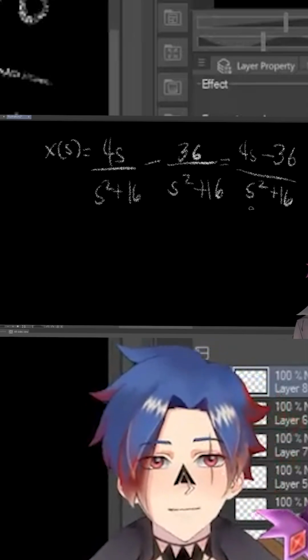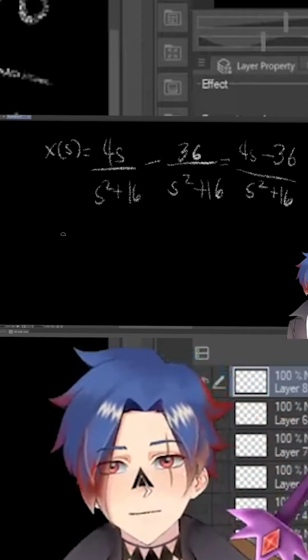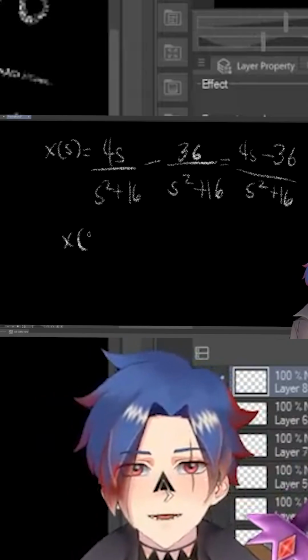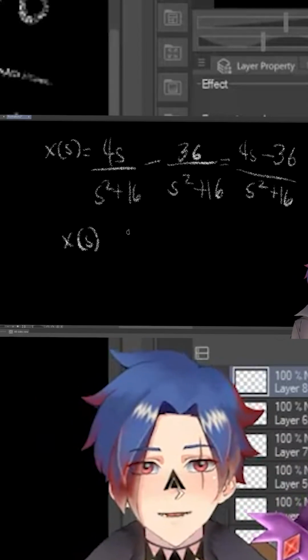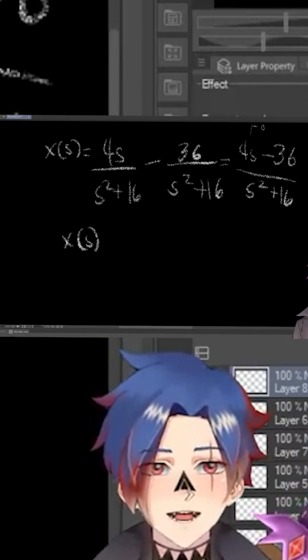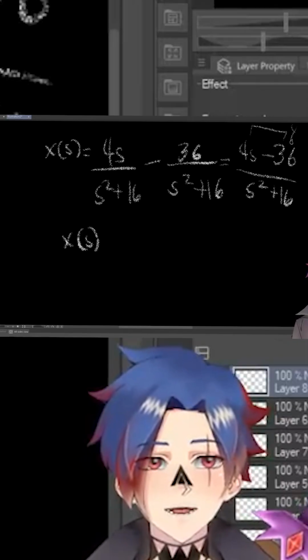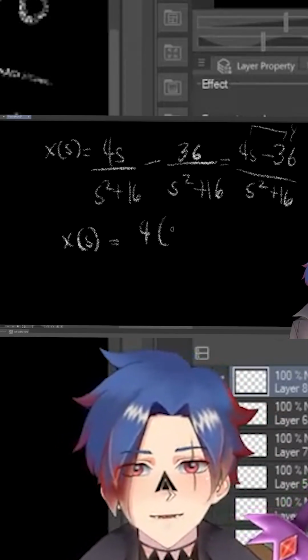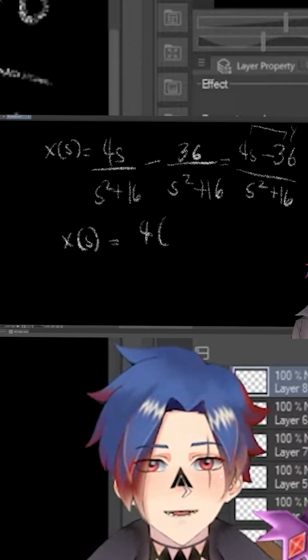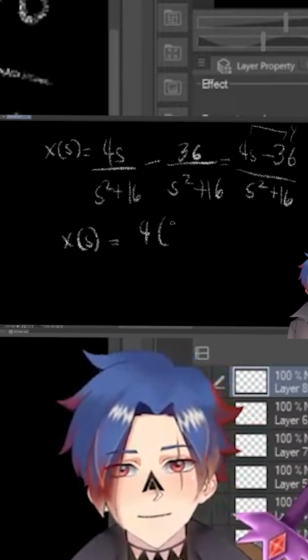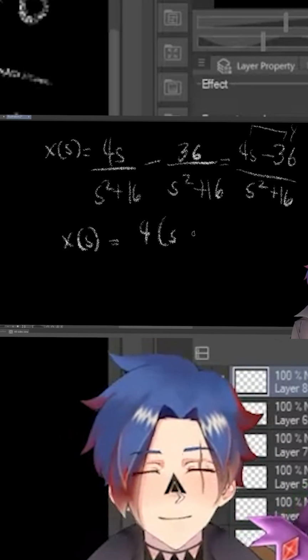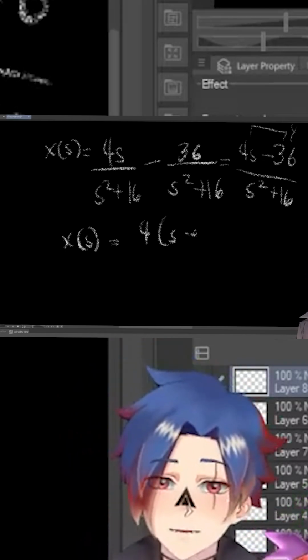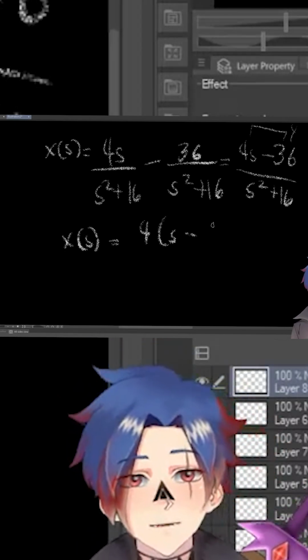So this could be an answer, but we can make it much simpler, since both terms in the numerator are divisible by 4. So we can have it as 4 times s, because 4 divided by 4 is 1, minus 36 divided by 4, which is 9.